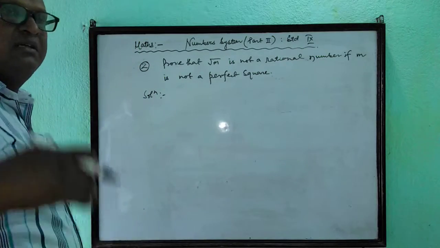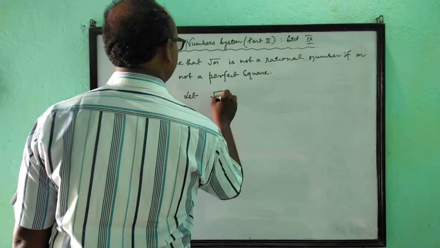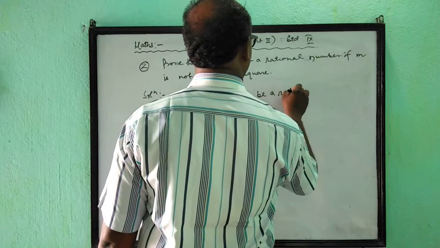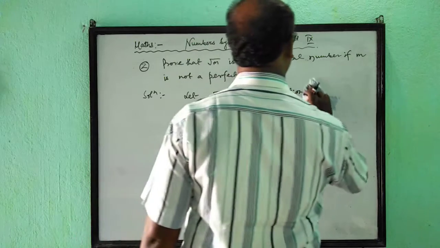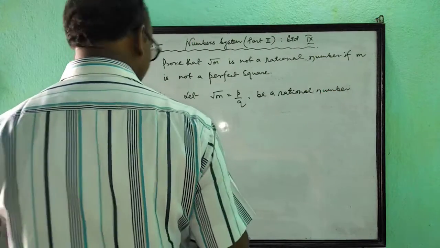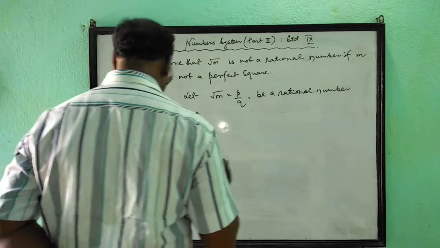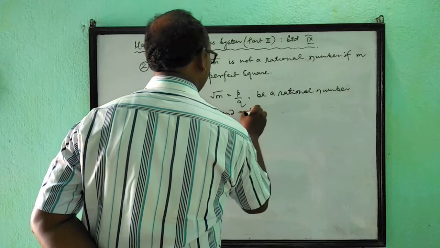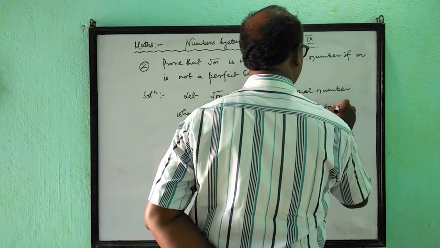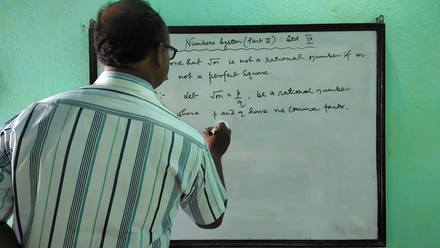Let root m equals p by q be a rational number where p and q have no common factor, that is, these are co-prime.